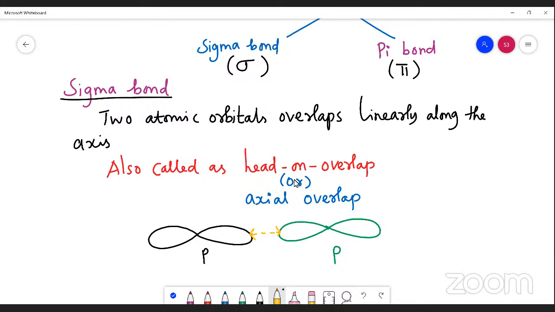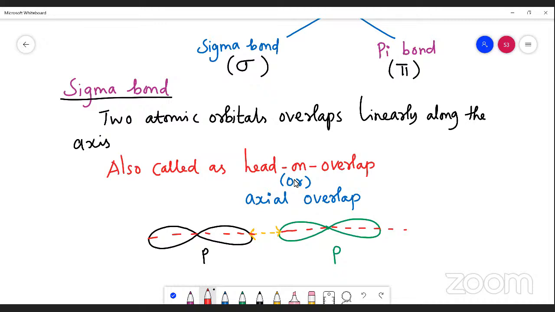So the end of an atomic orbital overlapping means we can call it head-on overlapping, or through the axis. This will be your molecular axis. Through the axis it will be overlapping, so this is called an axial overlap.